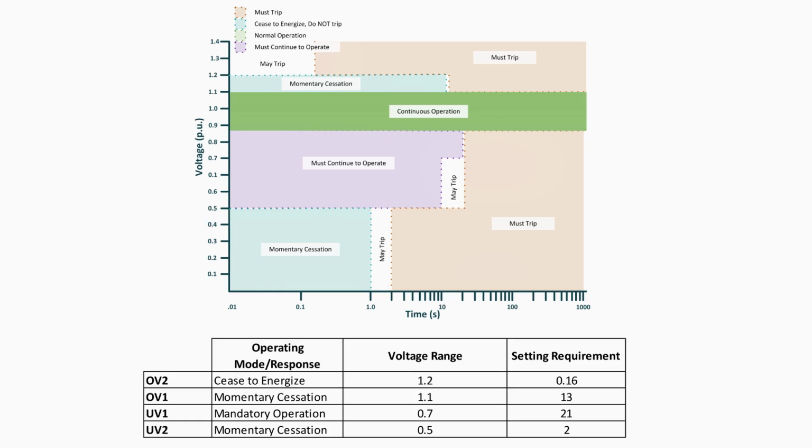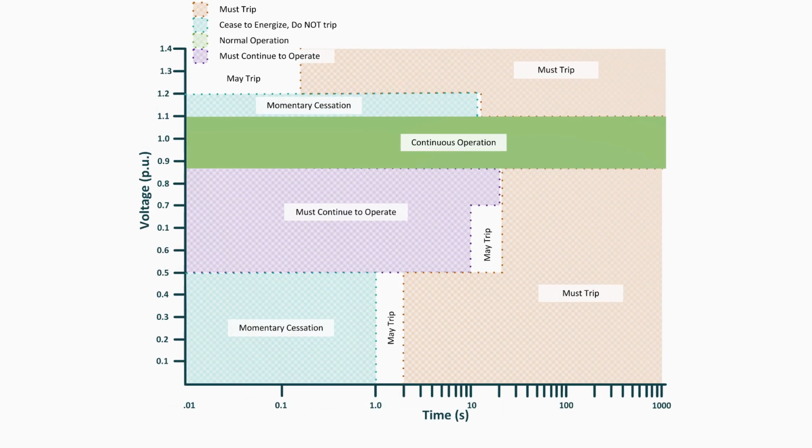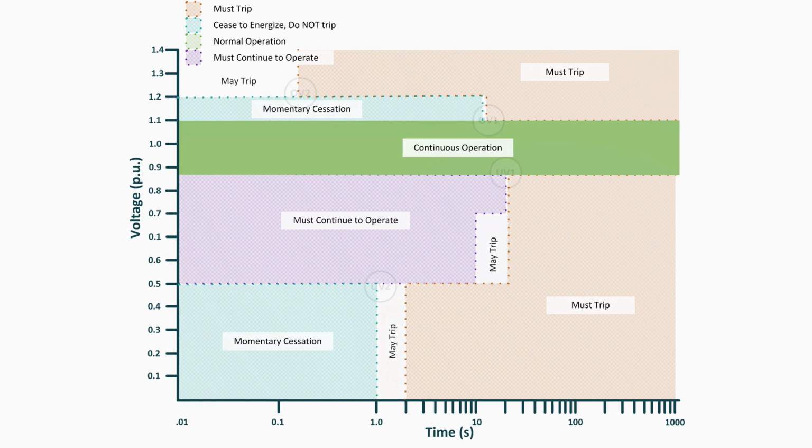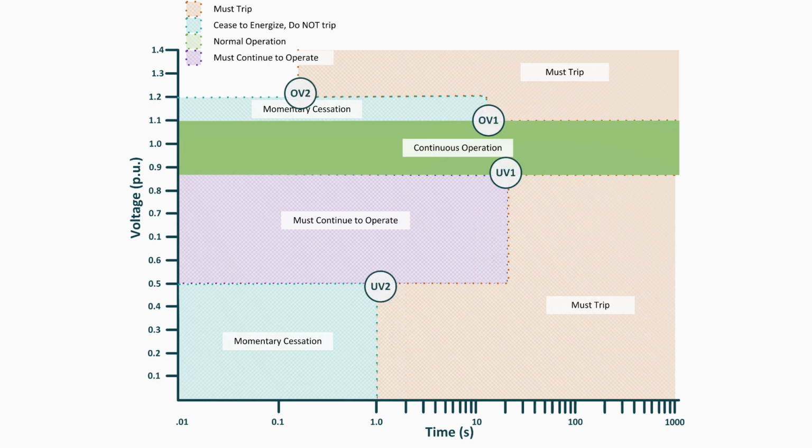Now that we went over the requirements, let's take a look at 2 example settings that are slightly different. Here is one example of settings that will meet the standard requirements. We have 0.16 seconds, 13 seconds, 21 seconds, and 2-second trip points at these corresponding voltages. The 21 seconds basically covers the entire 0.88 to 0.5 and fills in that may trip area into a rectangle.